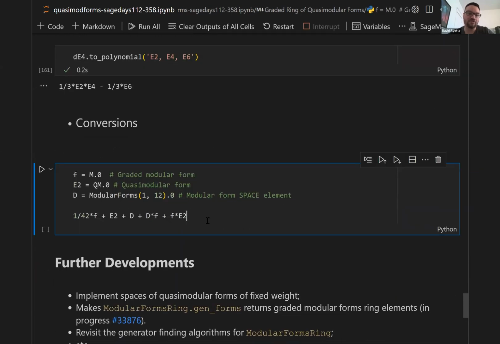We also have conversions. For example, here I'm doing some computation with a graded modular form, a quasi-modular form, and an element in a modular form space.